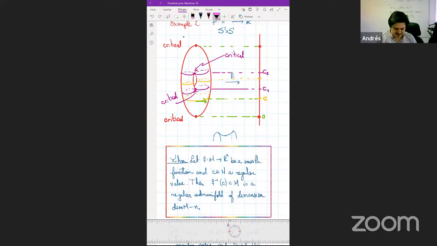Okay, so if you take a smooth function and take a regular value, the preimage of that point is a submanifold. And moreover, you can detect what is the dimension.